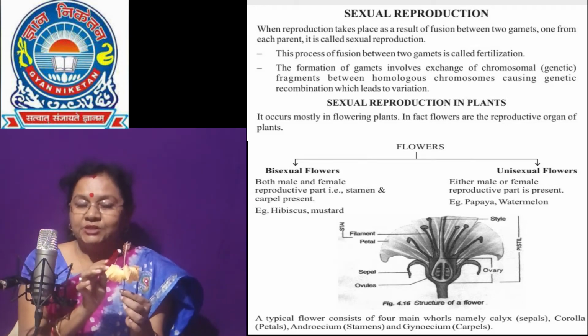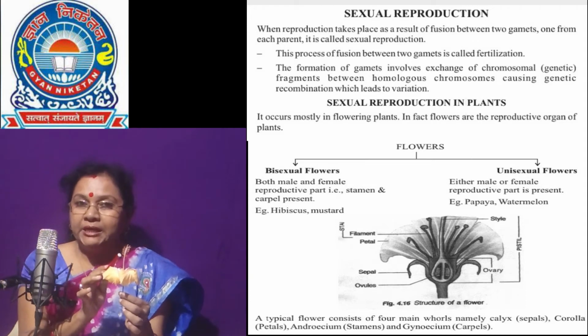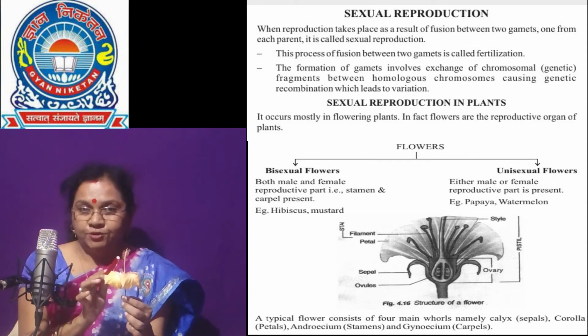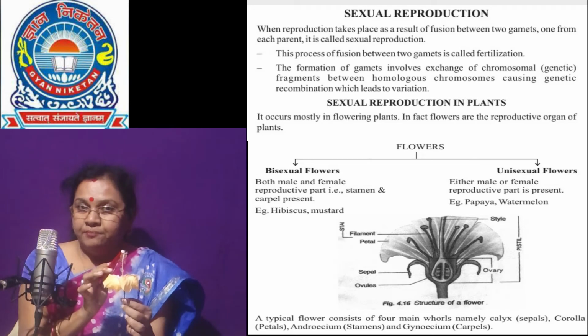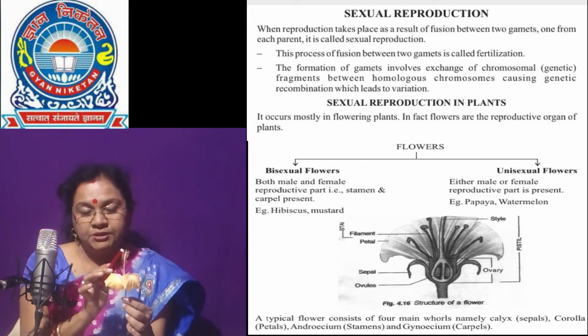Next are the stamens. These are the male reproductive part, and they consist of anther and filament. The anther is where the pollen grains are formed. The stigma becomes receptive to accept the pollen grains.